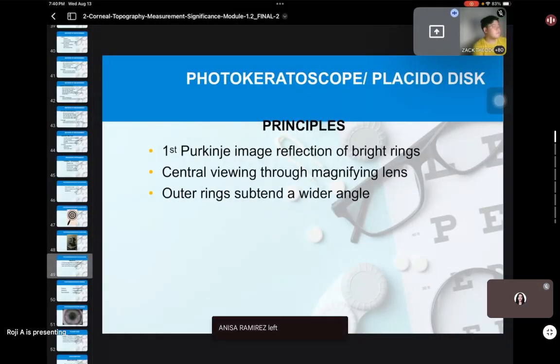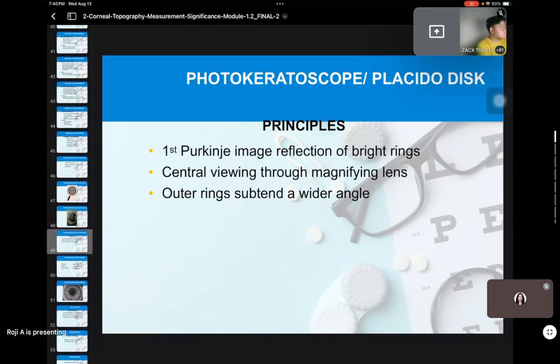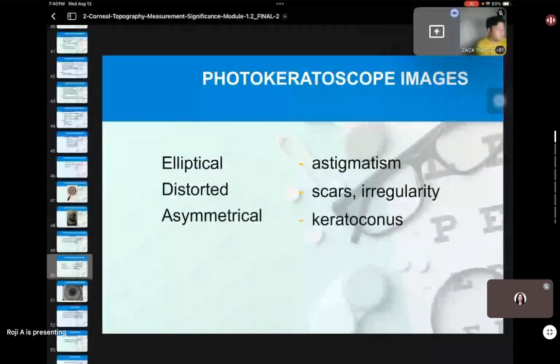Okay, so the principle there is, of course, the first Purkinje image reflection of bright rings. It's the rings, okay? With central viewing through magnifying lens and outer rings subtend to a wider angle. So again, you'd see the elliptical when you have astigmatism.